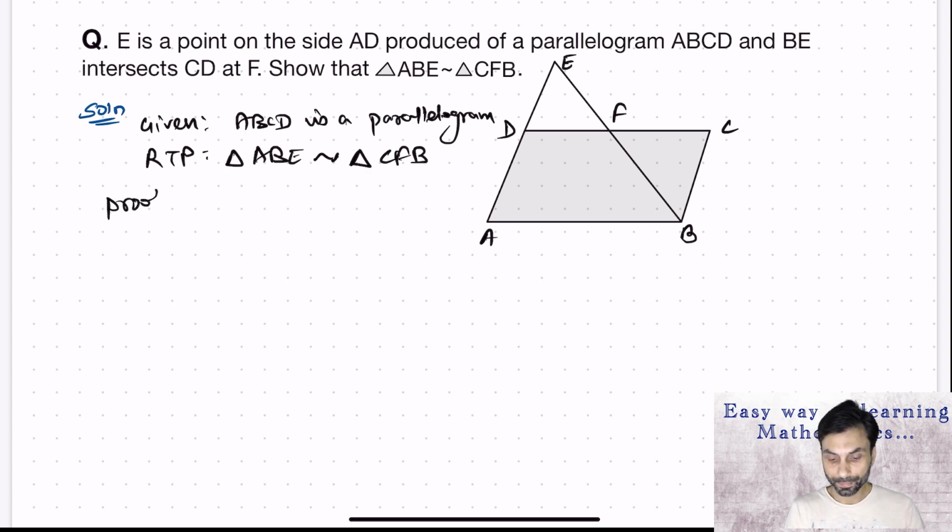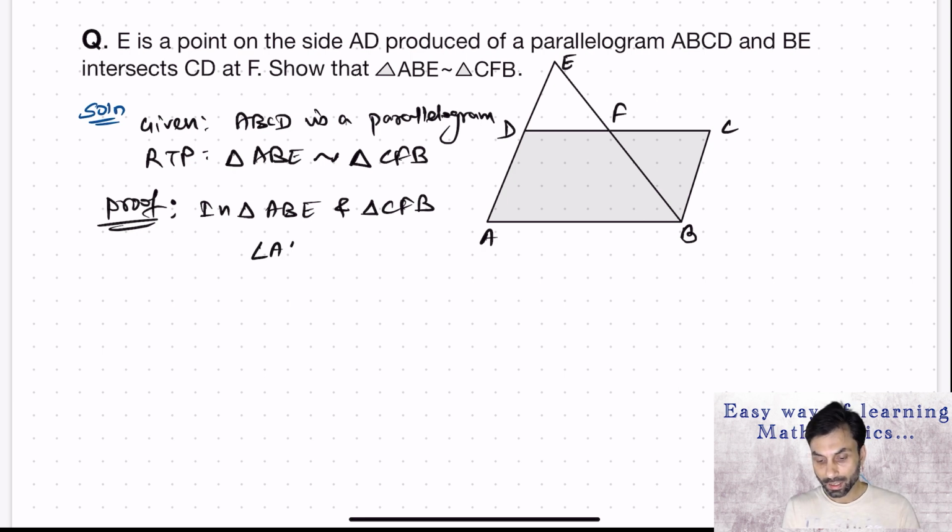Now to prove it, we will take these two triangles, triangle ABE and triangle CFB. Angle AEB will be equal to angle FBC, as it is alternate interior angle. As we know that in a parallelogram opposite sides are parallel, so AD will be parallel to BC.